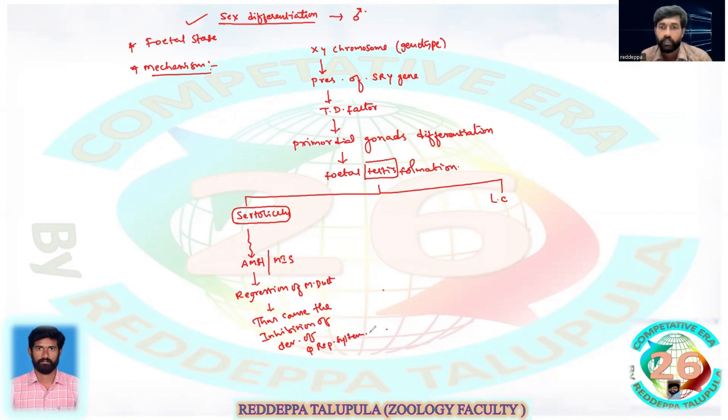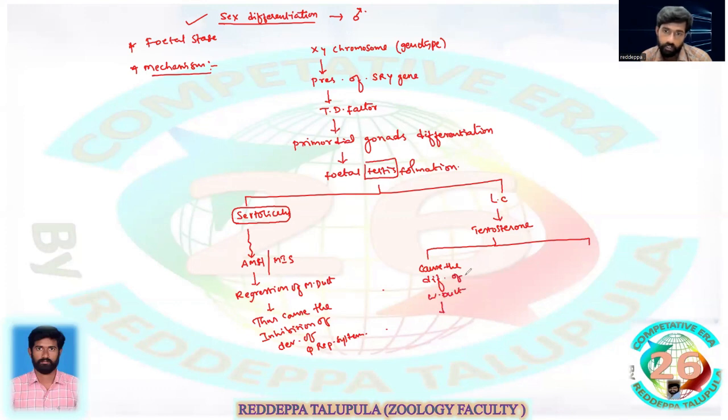On the other hand, Leydig cells produce testosterone. Testosterone directly causes the differentiation of the Wolffian duct, which leads to the formation of epididymis, vasa efferentia, vasa deferentia, seminal vesicles, etc.